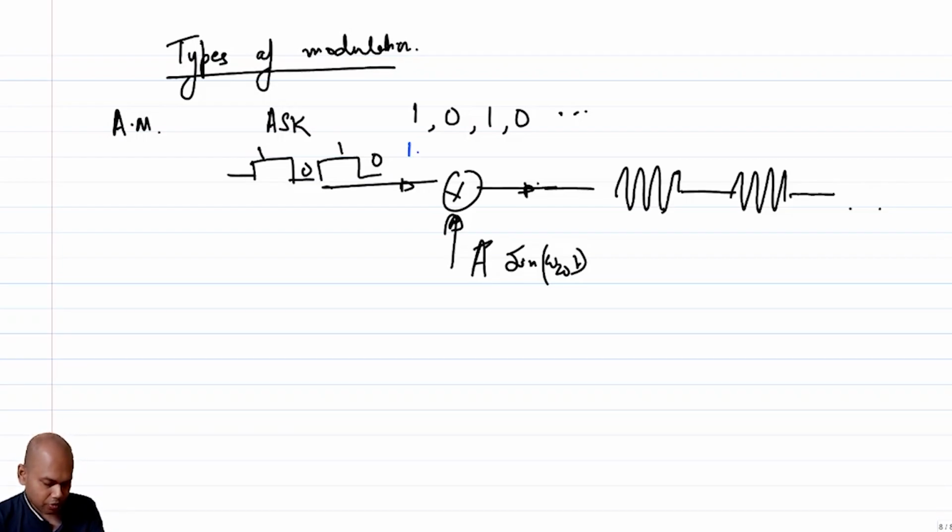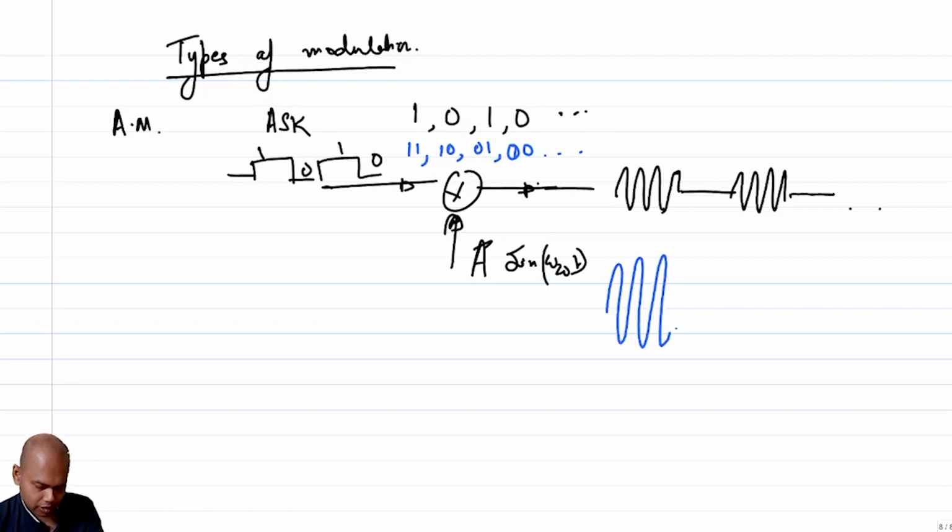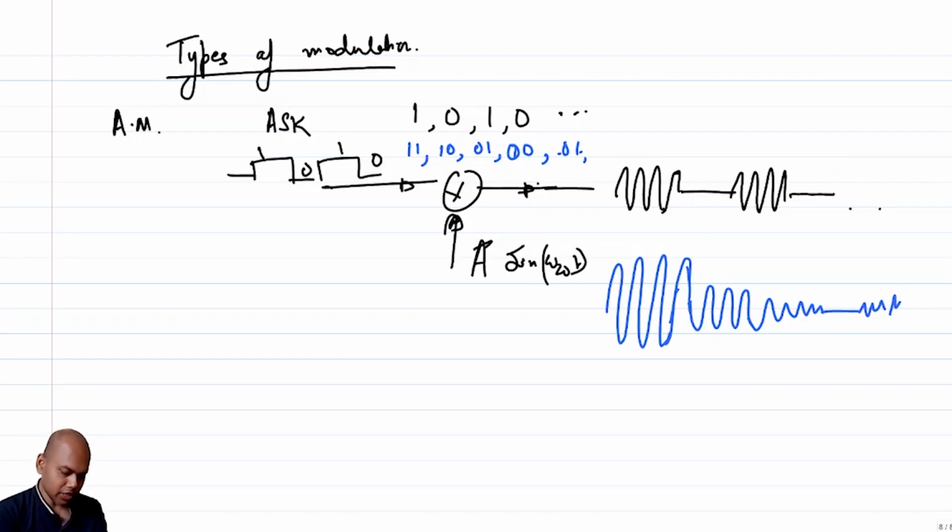In that case, my output would have looked like this: high amplitude, that is 1, 1, then slightly lower amplitude, that is 1, 0, slightly lower amplitude is 0, 1, then flat, then again maybe 0, 1 and so on, right? So you kind of see that there is a modulation, an envelope that is getting developed.